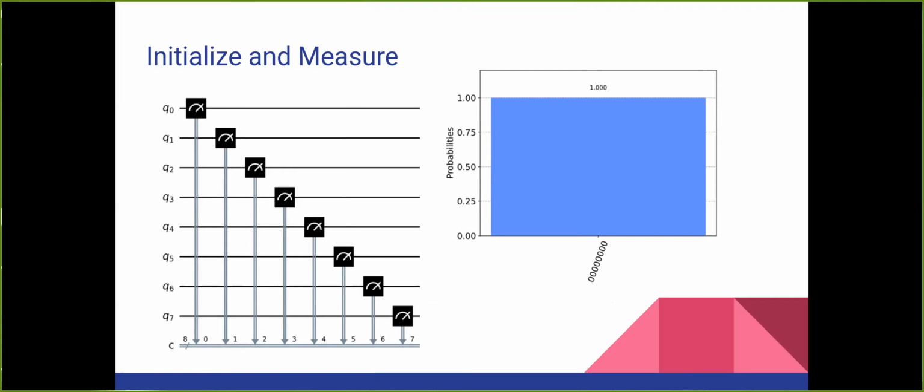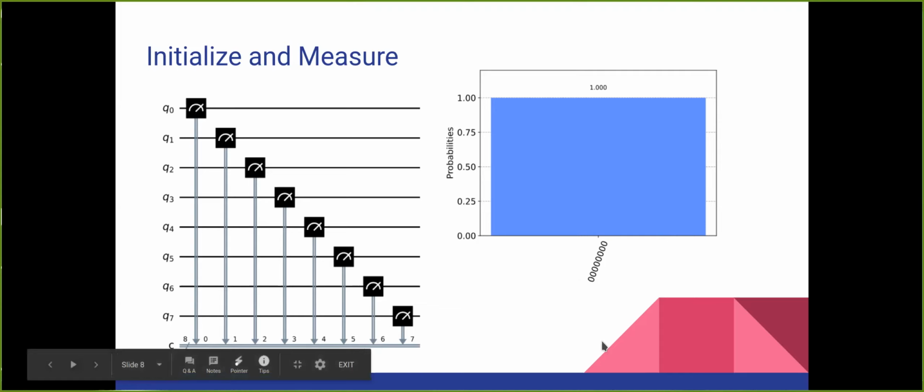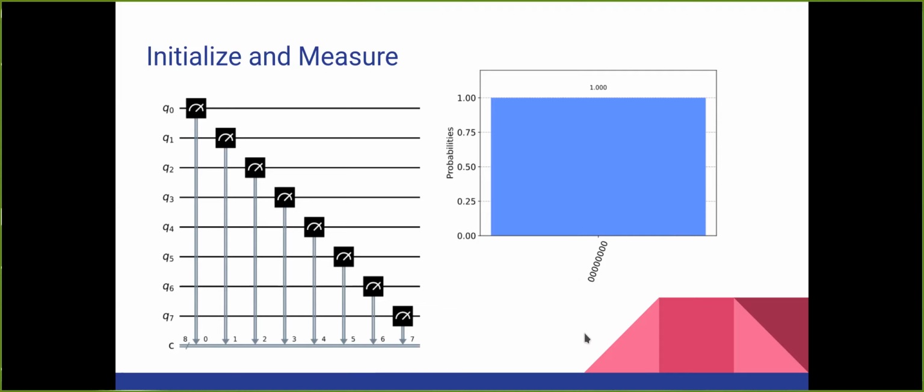Why did I put a diagram representing probabilities? When you run the circuit, it's not like a digital computer where you run it and see what your computer printed out. Because it's probabilistic, we run it quite a few times so that we can get a distribution of what our probability looks like. So you're not looking for, oh, it printed the value of 7.